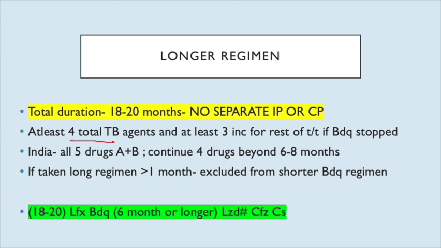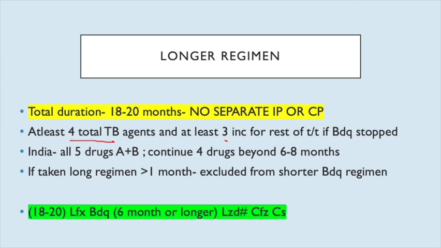As I said, 3 in Group A and 1 of Group B can be done, and at least 3 have to be included for the rest of the treatment once bedaquiline is stopped. In India, all 5 drugs can be started from Group A and Group B, and we continue with 4 drugs beyond the first 6 months or 8 months.